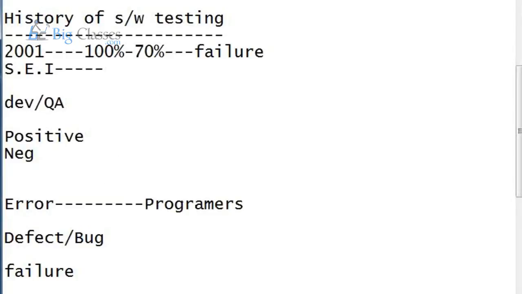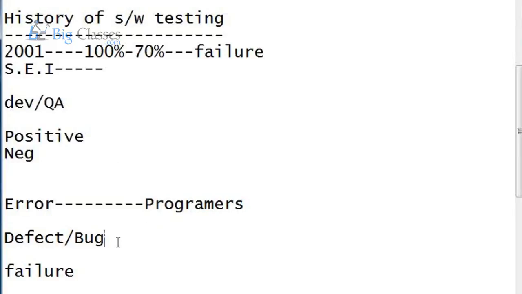Once again, guys, error means while developing the application, the programmer writes code using Java, PHP, .NET, or some technology, and if the programmer finds any mistake, it is called an error.